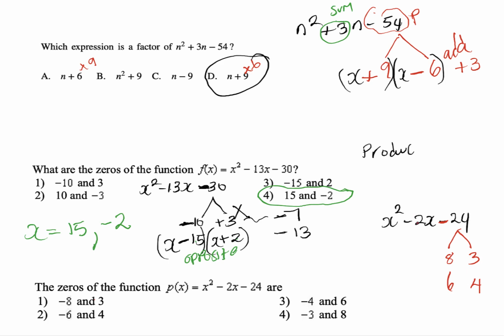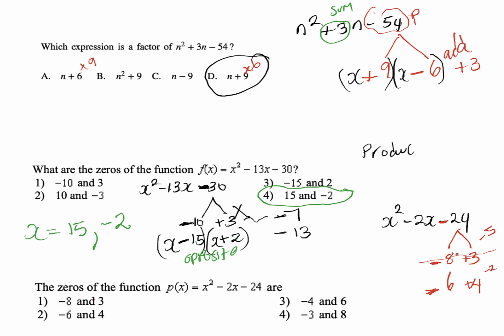We look at our sum, and our sum is negative as well, which means whoever is the bigger number is going to get the negative, which means this is a positive. Now let's add them. If you add negative 8 with positive 3, that gives you negative 5, which means this is not your factors.